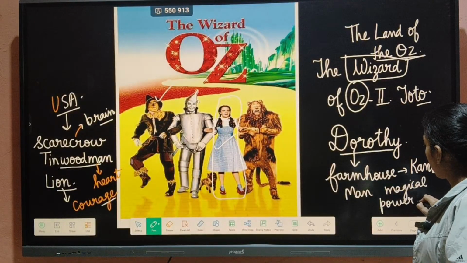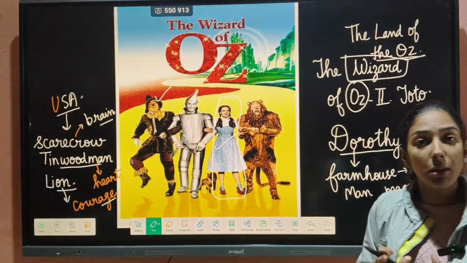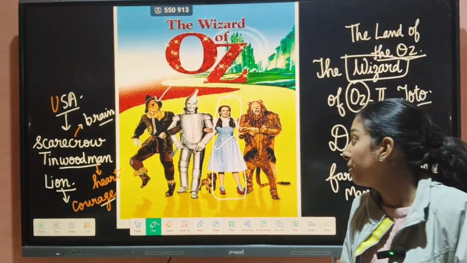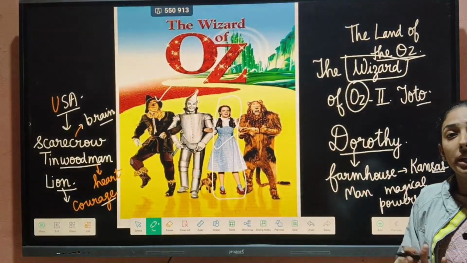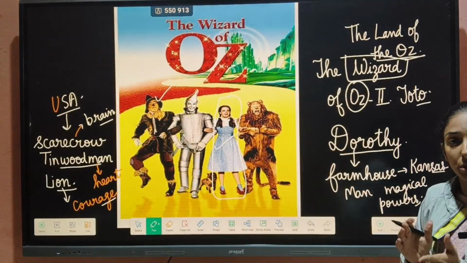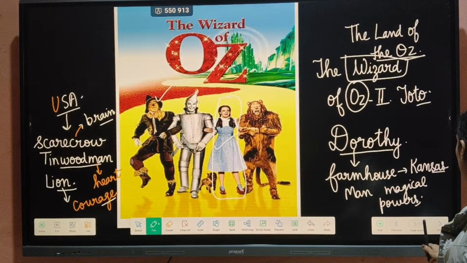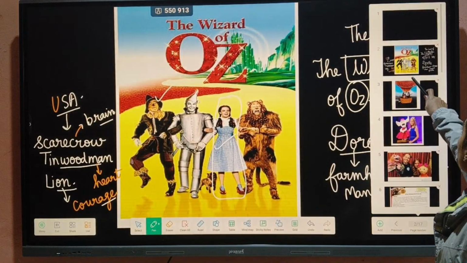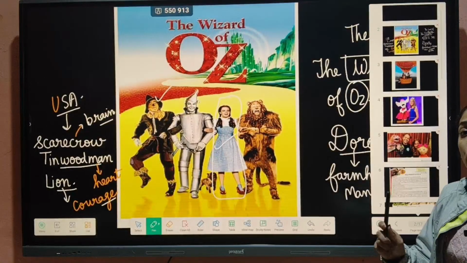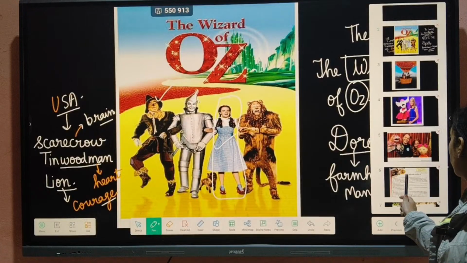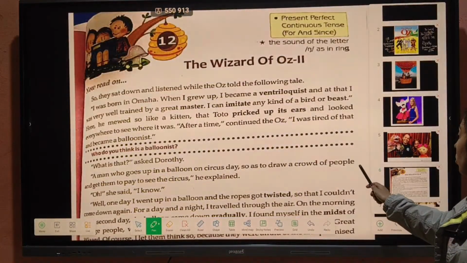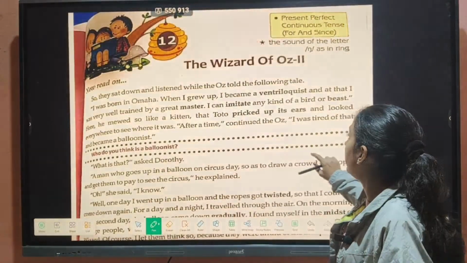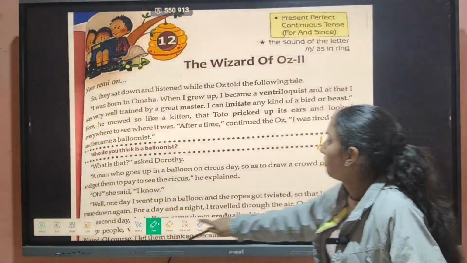A man who is having magical powers is called a wizard. Okay, so she went there to the land of the wizard of Oz. So there Oz was telling his story. Okay, so let us read it with the chapter.